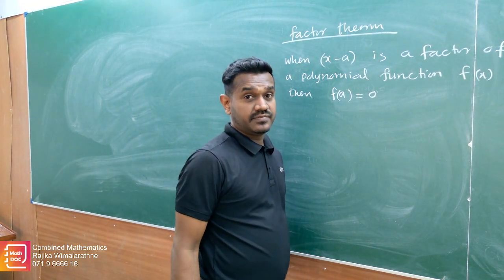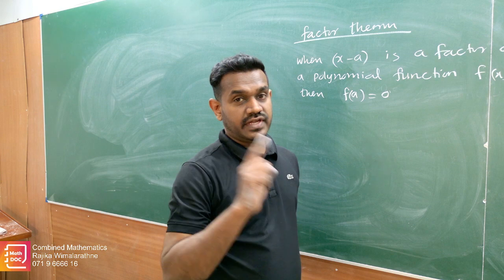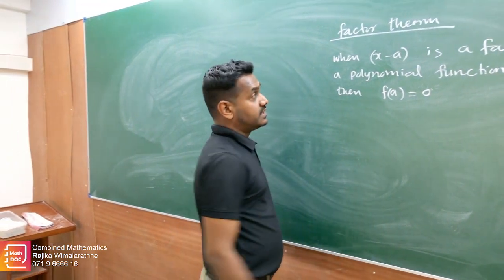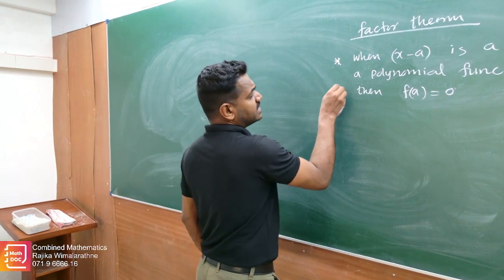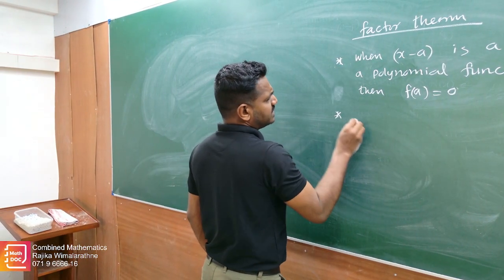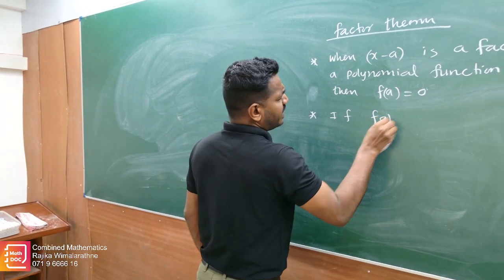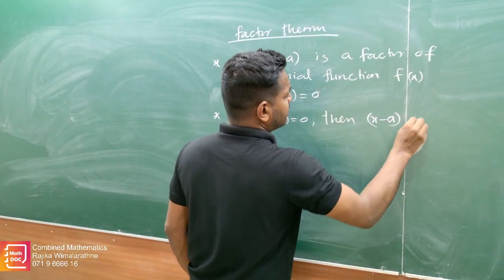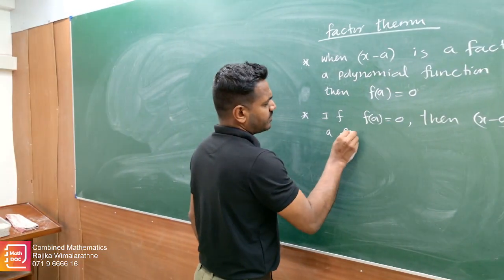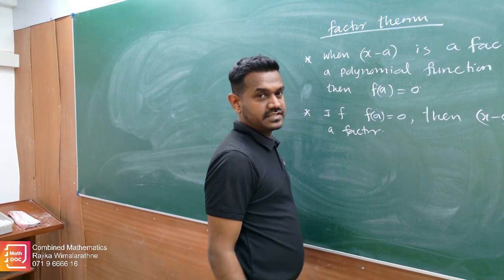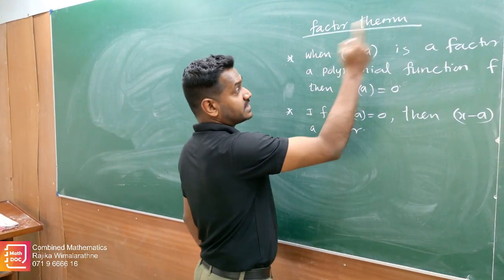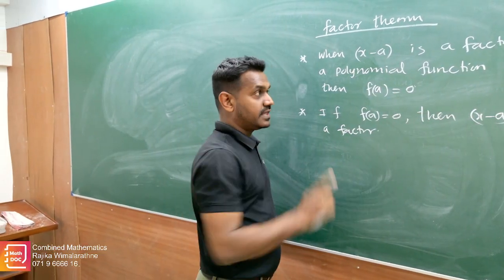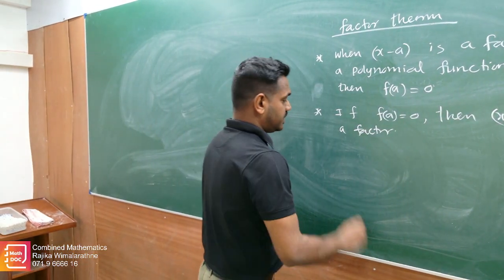If x minus a is a factor, when we divide by x minus a, the remainder will be 0. Then it has a converse: if f(a) equals 0, then x minus a is a factor. That is the factor theorem. See the proof.